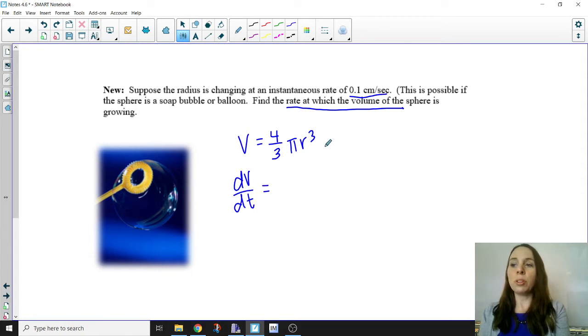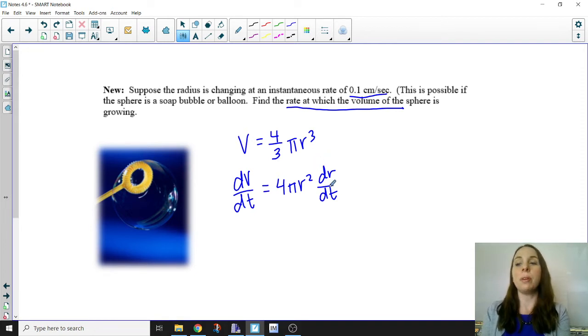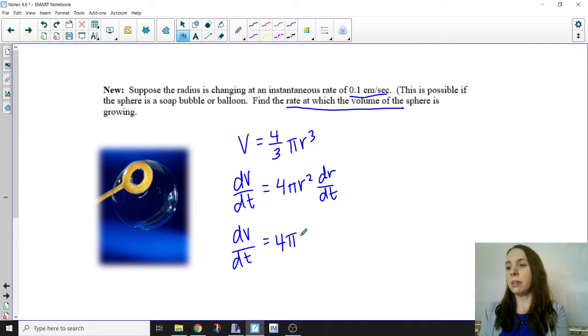The derivative of 4/3 pi r cubed with respect to time is 4 pi r squared dr over dt. This is like implicit differentiation. If you're not taking a derivative of a t variable, you need to multiply by d, whatever variable it is, dt. Now we will take again an original radius of 10 centimeters from the original scenario. And now dr dt is the rate at which the radius is changing, and that is 0.1 centimeters per second.